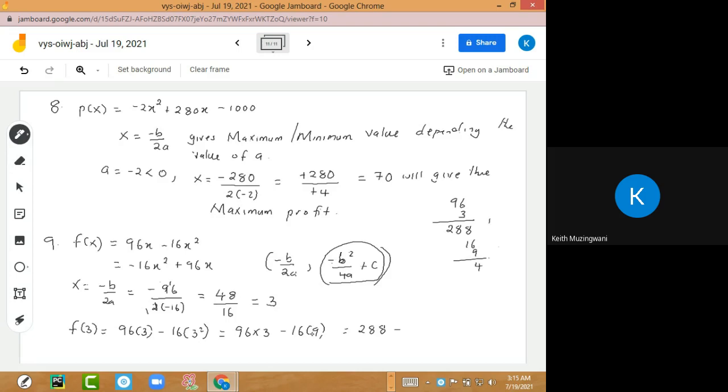So 4 carry 5, and then 9 there, 144. So we get 144 altogether. So the point will be 3, 144. This will be the highest point reached.